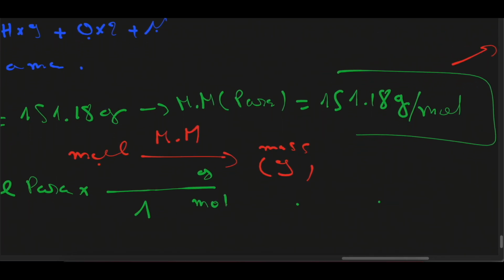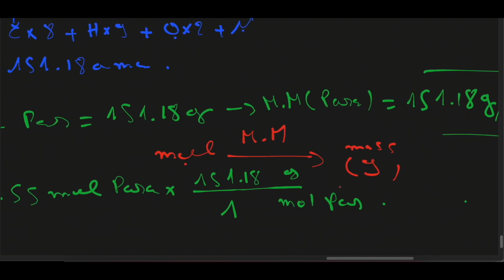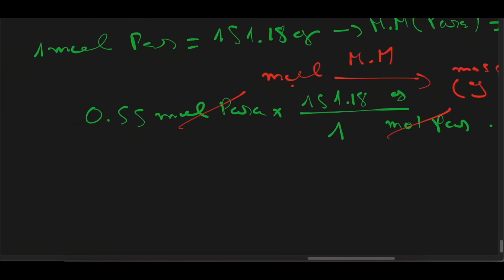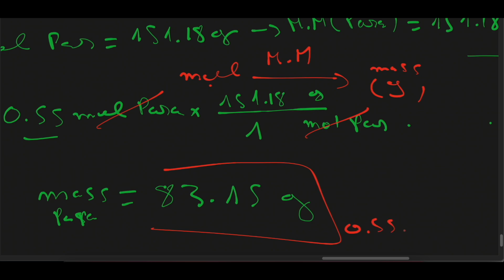So 1 mole of paracetamol has a mass of 151.18 grams. So we can cancel mole of paracetamol and mole of paracetamol, and we get the mass of paracetamol that corresponds to this amount of substance, which is equal to grams. So this value corresponds to the 0.55 mole of paracetamol.